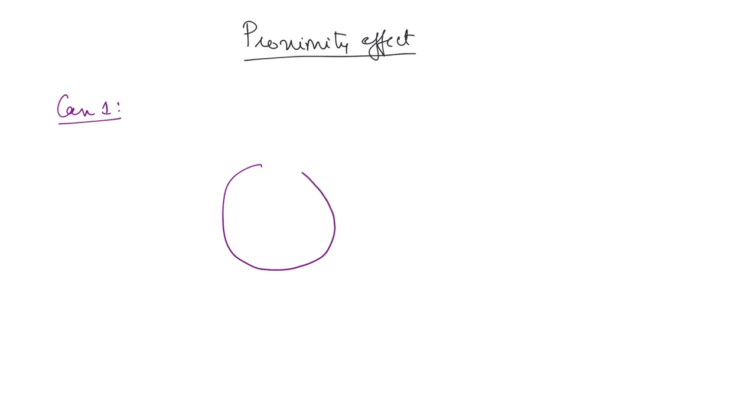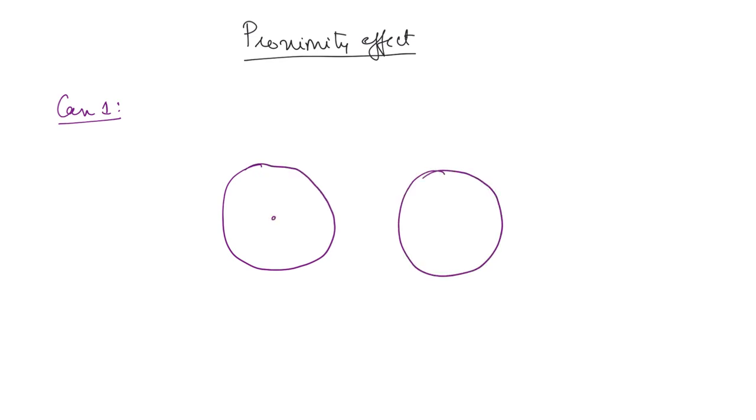Next we will see what is proximity effect. When two transmission lines are close to each other, then there is going to be non-uniform distribution. Why is that the case? First we will take the case wherein the conductors are carrying current in the opposite direction.